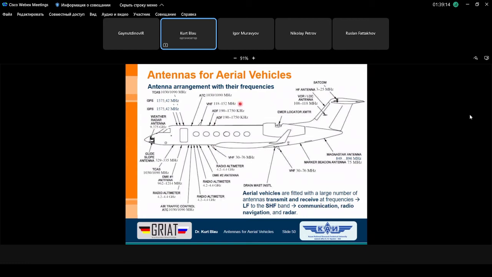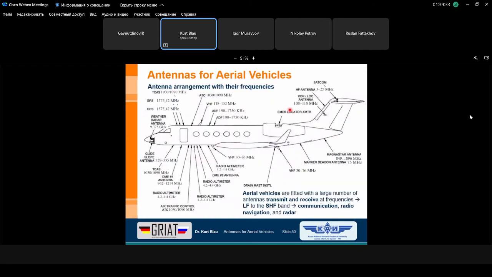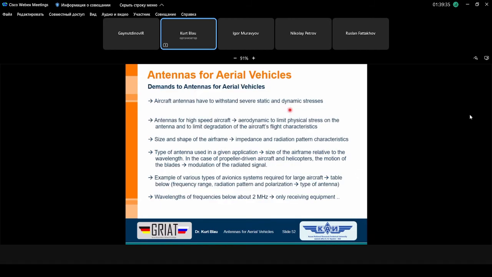And this is a problem, not only because it's not so easy to use such a wire from the cabin, where the pilots are working, to this empennage, but also because of certain effects the antenna should withstand.